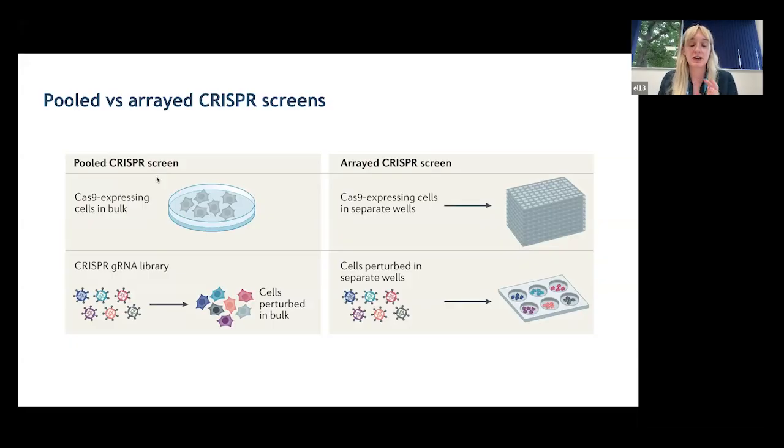To note at this stage, I think currently the line between these formats is starting to blur because we've got new technologies available, such as Perturb-seq, where you introduce a knockout and then perform single cell sequencing. And we also have optical pooled screening, but these two approaches are still very much used today for discovery.